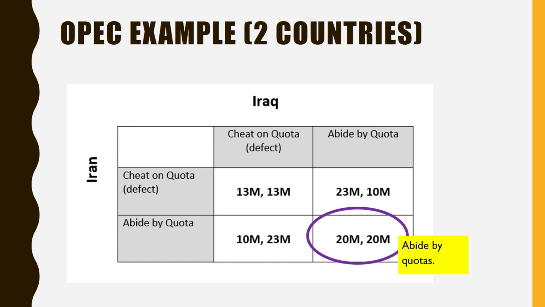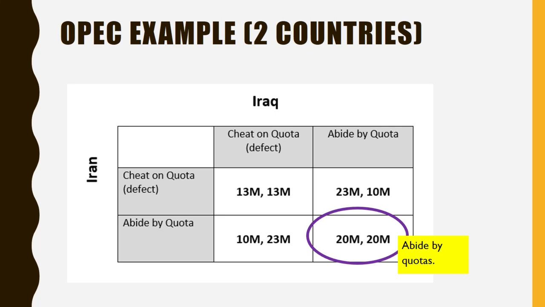I've circled in purple the collusive, the cartel agreement, right? So if they both abide by the quota, they're in that bottom right, and they're both making $20 million. And if you look at that, that's pretty good compared to their other options.